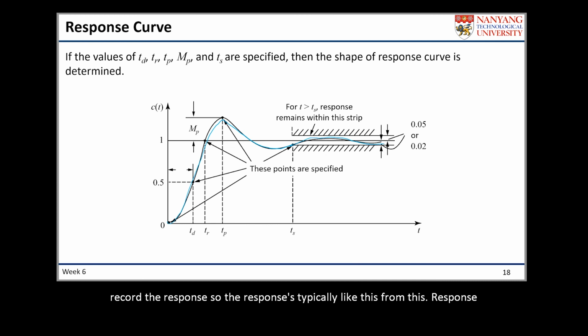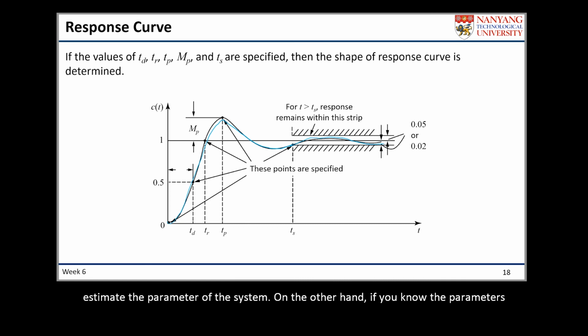From this response, you just take your ruler, measure the maximum overshoot, measure the rise time, peak time, settling time, whatsoever. And then once you know all of those, using the formulas that you have seen before, you should be able to estimate the parameters of the system.